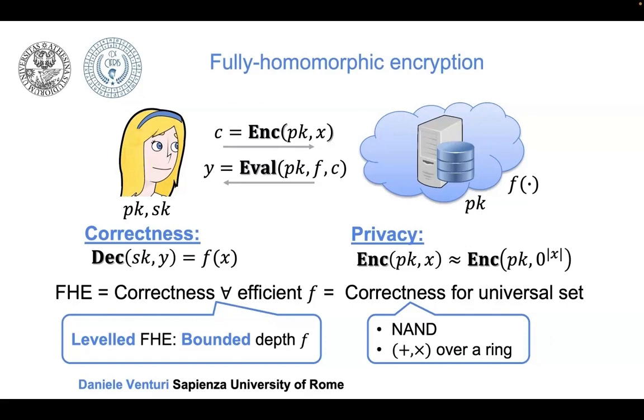Say that this is a circuit, then we can evaluate all circuits of depth at most tau, where tau is some parameter. This would be something weaker. It is not fully homomorphic, and it is called only leveled homomorphic because it works only for certain families of functions or classes of circuits.